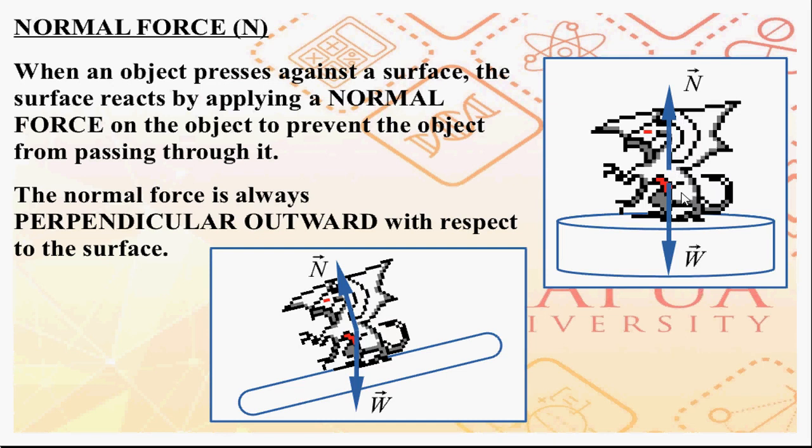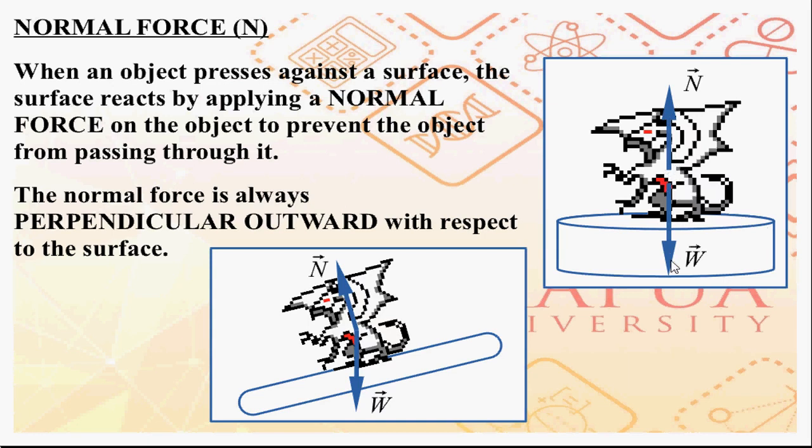The normal force is always perpendicular with respect to the surface upon which the object is pressing into. So if the surface is horizontal, perpendicular to horizontal is vertical, the normal force is vertical. And it is always outward the surface so as to prevent the object from passing through.